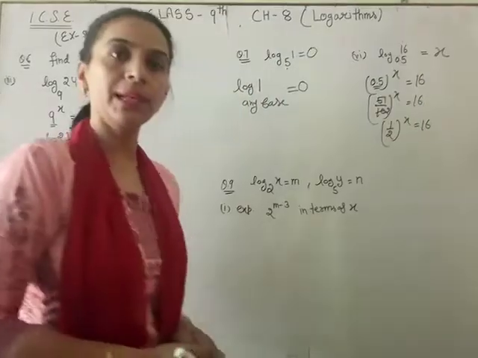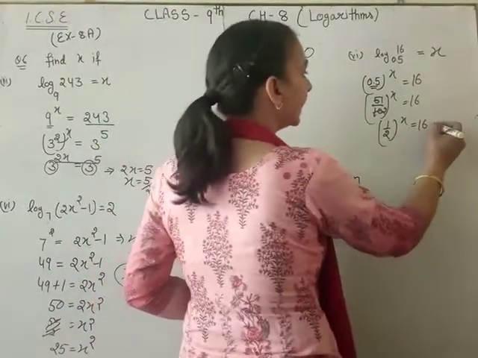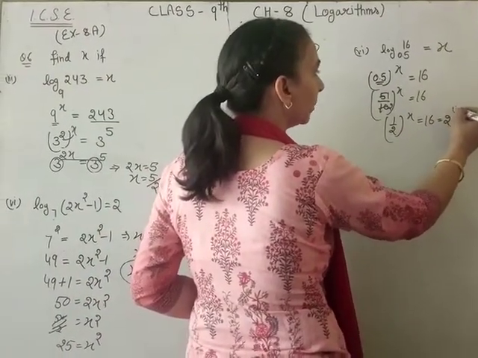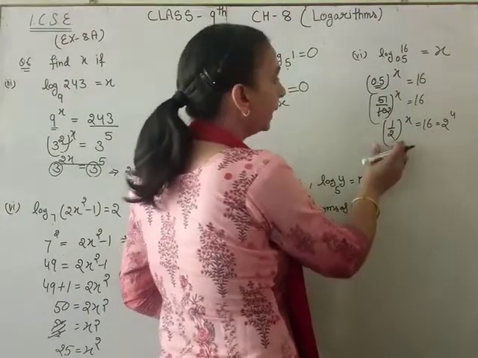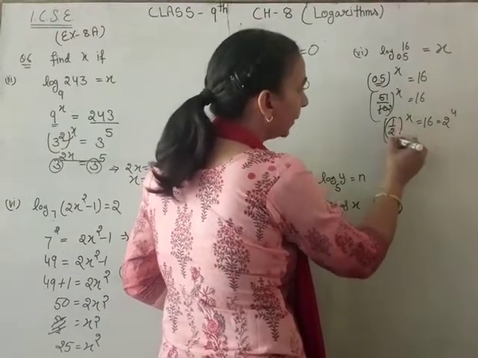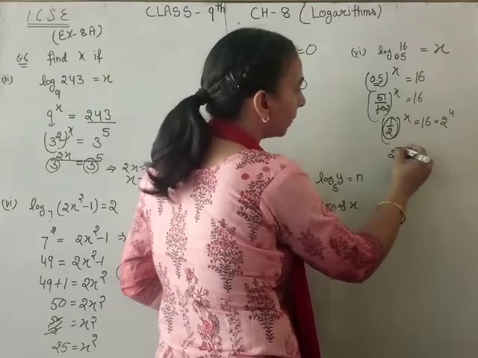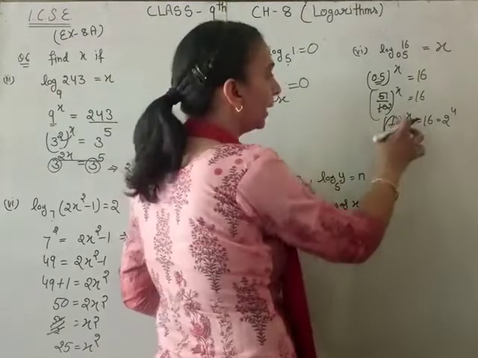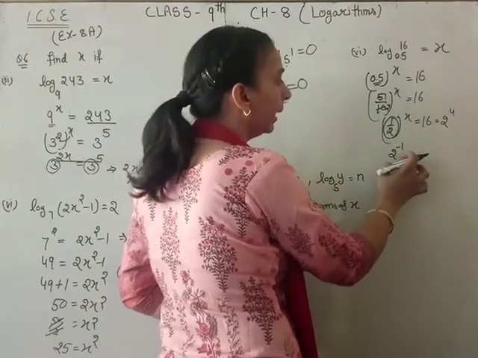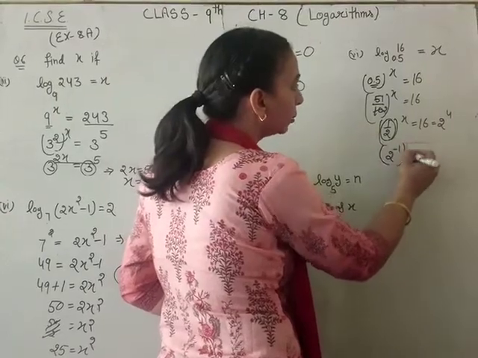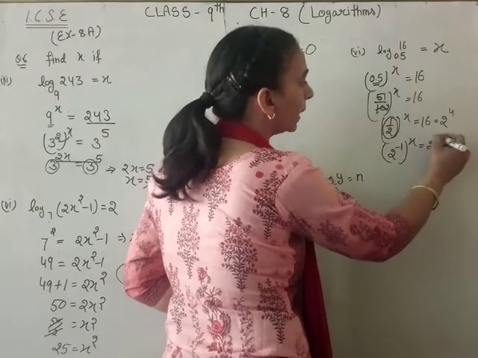Okay, student, 16 equal to 2 raised to the power 4, and we write 1 by 2 as 2 raised to the power minus 1. 1 by 2 means 2 raised to the power minus 1, then raised to the power x equal to 2 raised to the power 4.